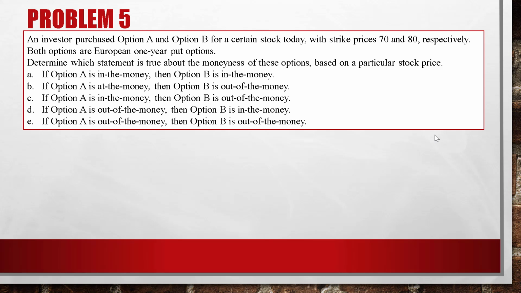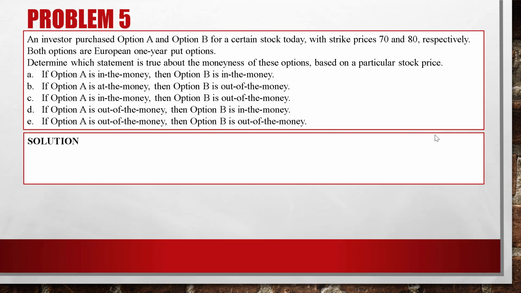A. If option A is in the money, then option B is in the money. B. If option A is at the money, then option B is out of the money. C. If option A is in the money, then option B is out of the money. D. If option A is out of the money, then option B is in the money. E. If option A is out of the money, then option B is out of the money.